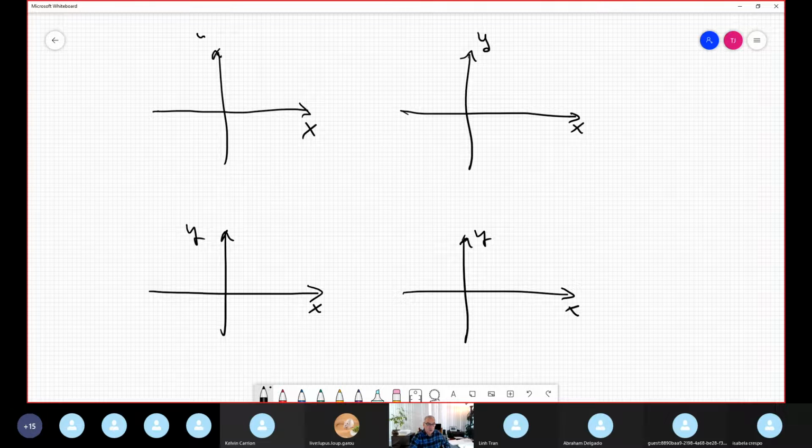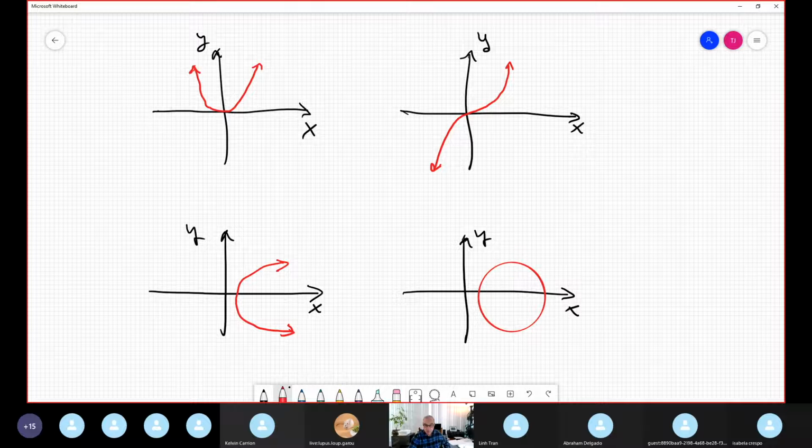Suppose one graph like that. One graph like that; this arrow indicates that the graph continues forever in this direction. One graph like that, and one graph can look like a circle. It's a closed figure.